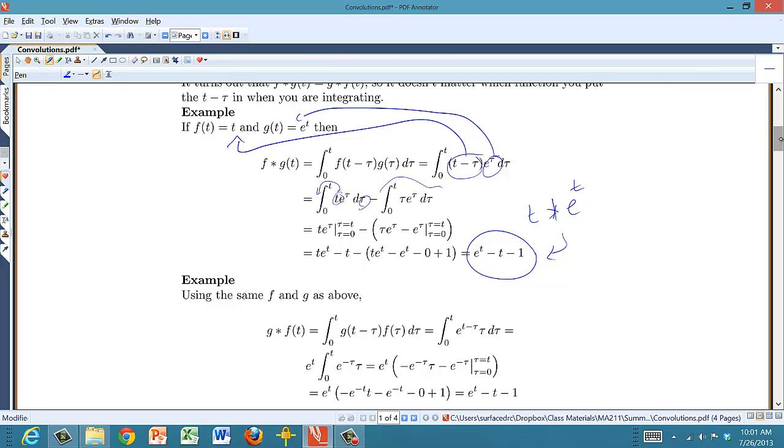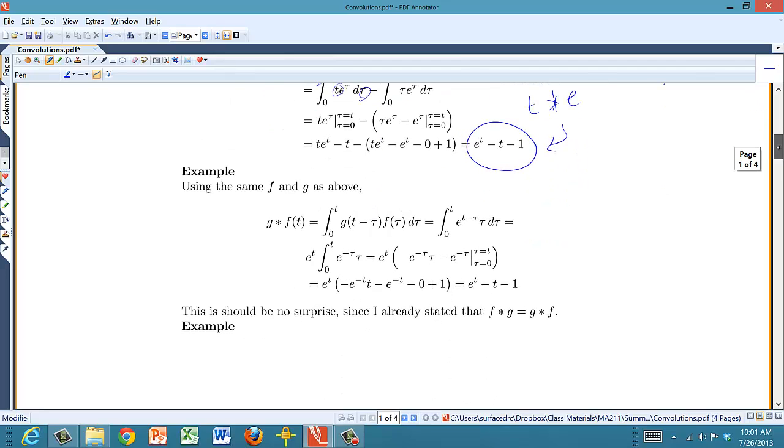Okay, so I told you that it doesn't matter if you put the t minus tau into g or into f, and here I'll just do an example demonstrating that. So the same f and g as last time. This time I do g convolved with f, so that means I would put the t minus tau into g.